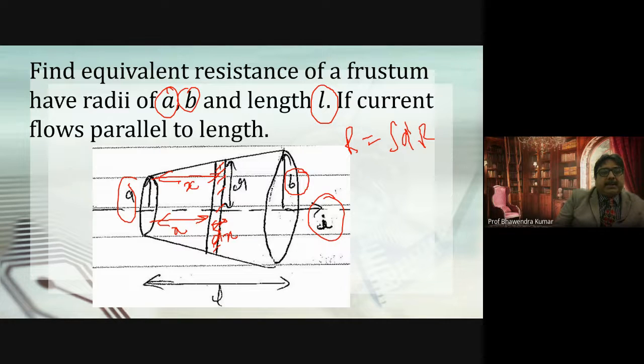This will be X and this will be R minus A, and this will be B minus A. So in your mind, you can think that this is the origin and this is a straight line passing through the point 0, 0, then through the point X, R minus A, then through the point L, B minus A.